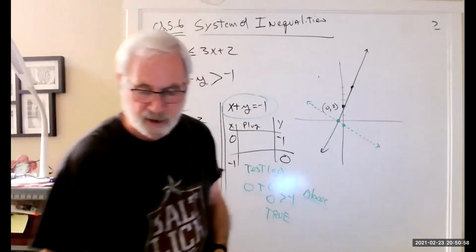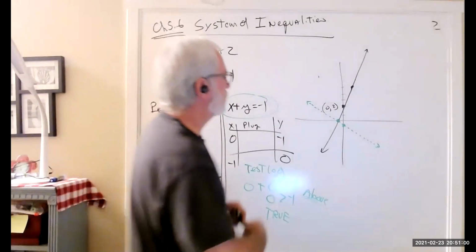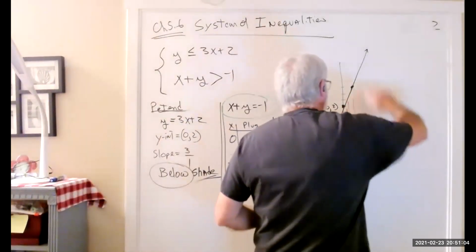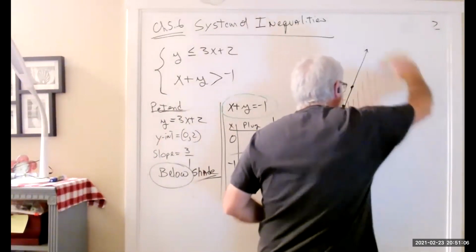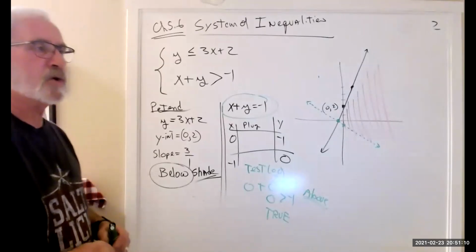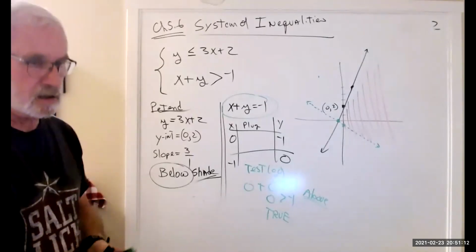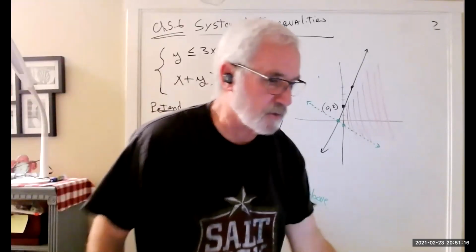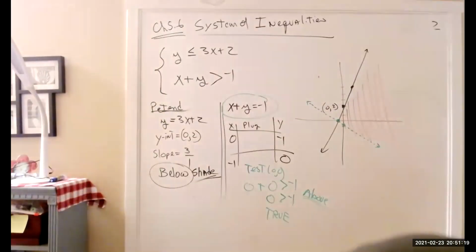So where would that be? Well, below the black and above the green would be in this region here. That's the only region. So your answer is shading. I apologize for going through that fast.